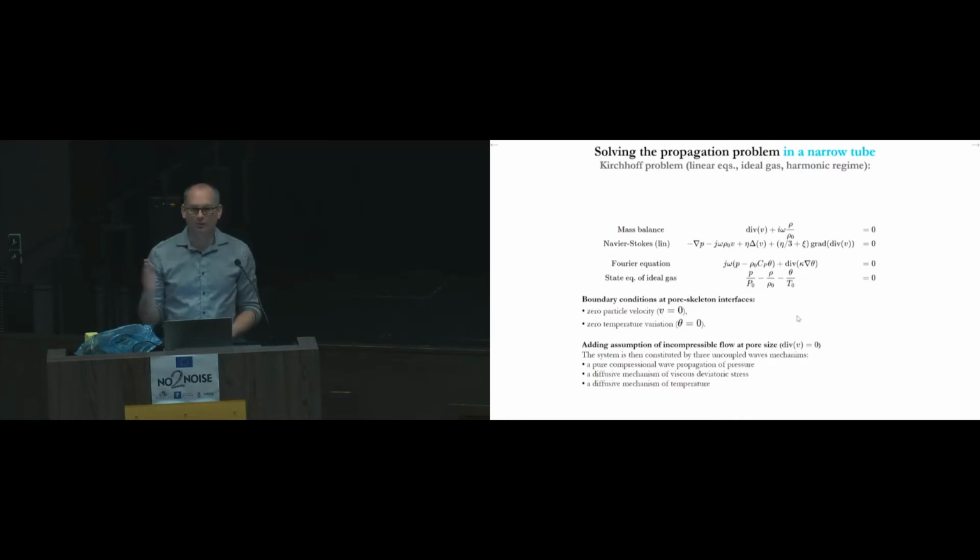So when the wave passes through the porous material, we have a wave of temperature, of heat at least, so we can have exchange between the skeleton and the air, but the skeleton will stay at the temperature of the room. So no temperature variation compared to the room temperature.